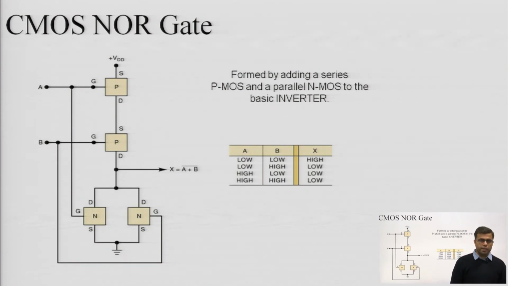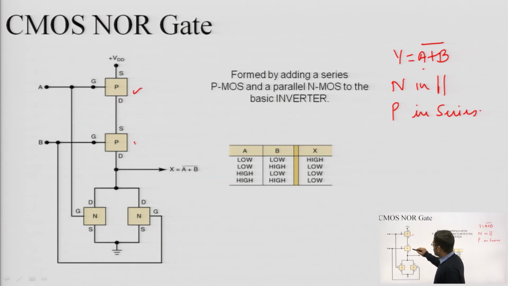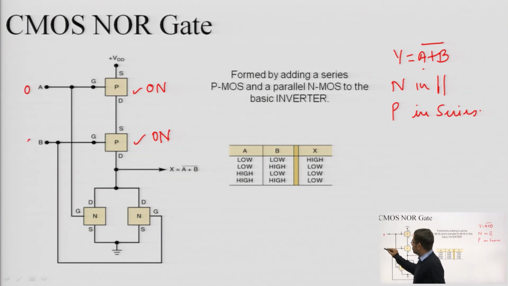Similarly, the CMOS NOR gate is there. CMOS NOR gate means Y is equal to (A plus B) complement. It is similar, that means A plus B, N in parallel and P in series. In that case, you can also check that both these transistors are on, which is the only possibility if both are 0.